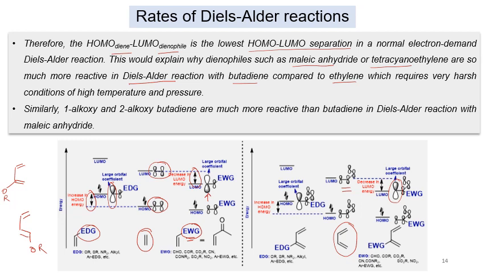If you have electron withdrawing groups, obviously you will have to consider the LUMO and not the HOMO. Whereas if you have electron donating groups, then the largest coefficient becomes at this terminal carbon, and the HOMO is also increased, the LUMO is also increased compared to the starting material.